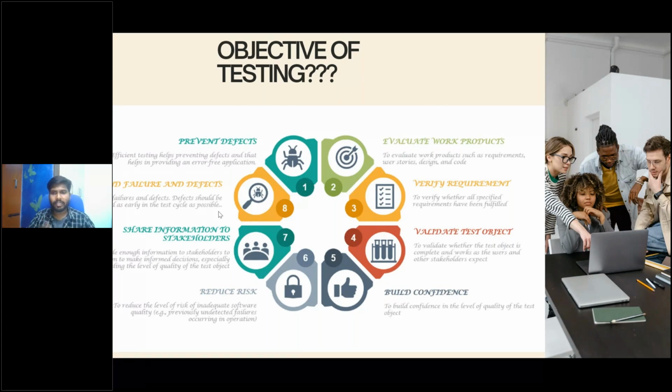With respect to time and cost, we usually say that if a defect is identified at the early stage of a project, it is cost effective. If it is identified at the early phase, we can stop those failures at the early stage itself, so that we can avoid the risk in the future.